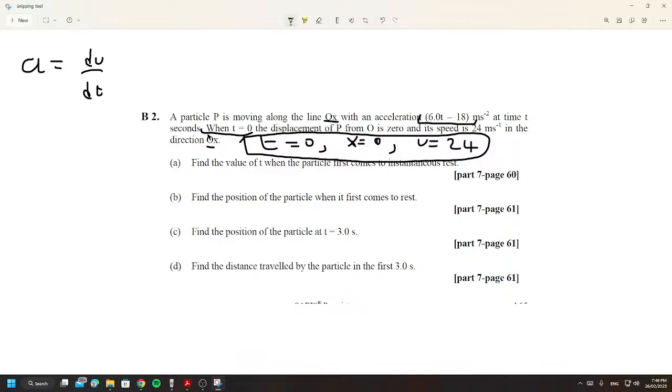We're going to use dv over dt since we're given t here. So A is equal to 6t minus 18 equals dv over dt. Let's just not waste any time here, just go straight to the solving.